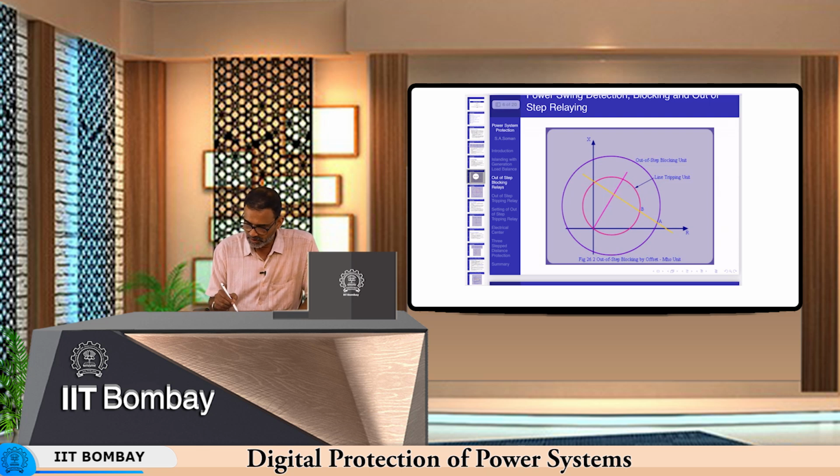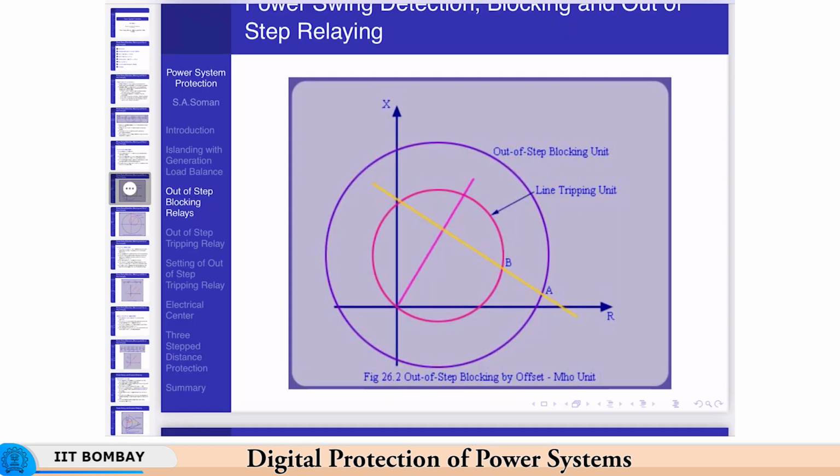You have a larger characteristic similar to the distance relay characteristic, and then you start the timer when it crosses that outer characteristic, and then stop it when it reaches your distance relay characteristic. So, instead of the straight lines that we saw in terms of reactance relays, this is similar to the relay itself. You have a Mho blocking relay.